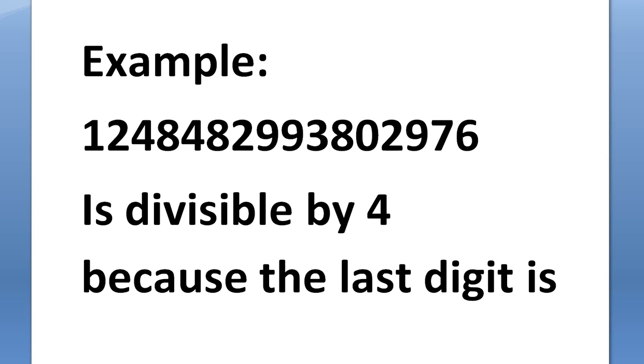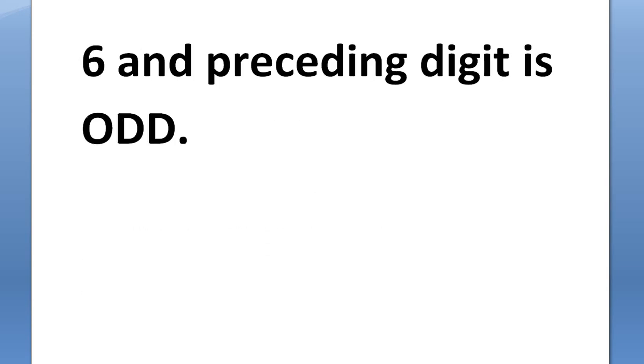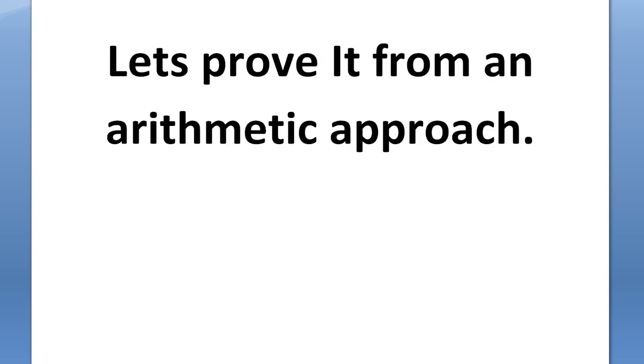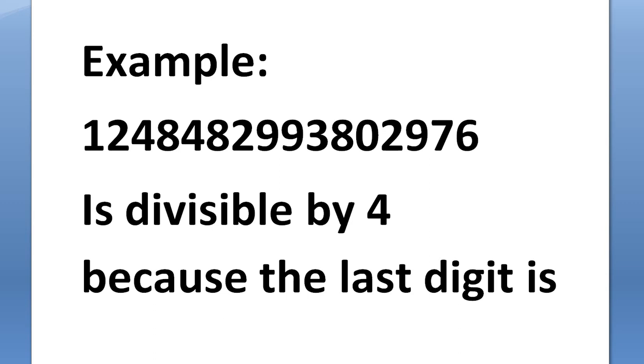We're using the fact that the last digit is a 6, and the rule for 6 as your last digit means that the digit before it must be odd. And as I said earlier, the beauty about using this approach is that you don't need to learn your 4 times tables. You just need to know the parity of the digit.